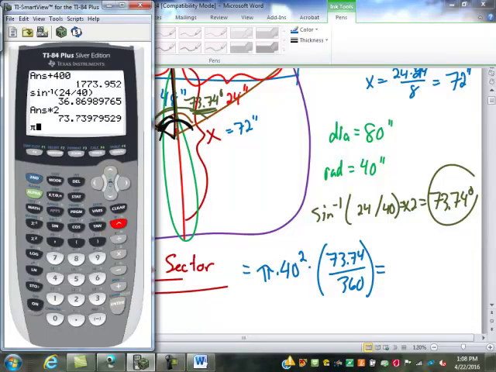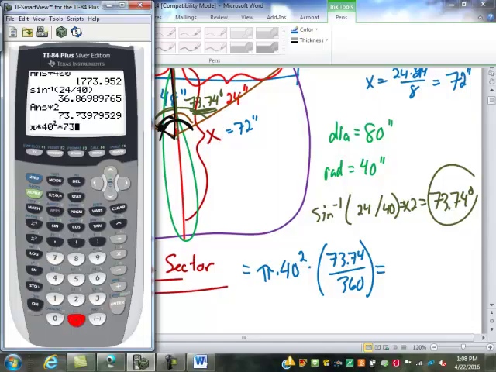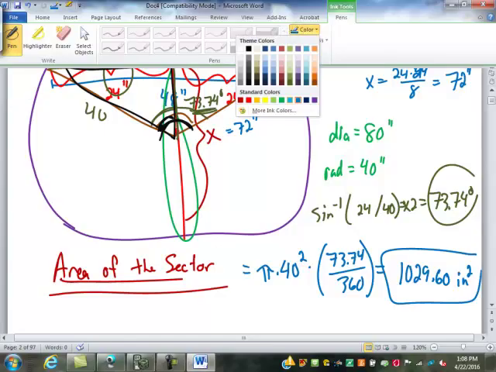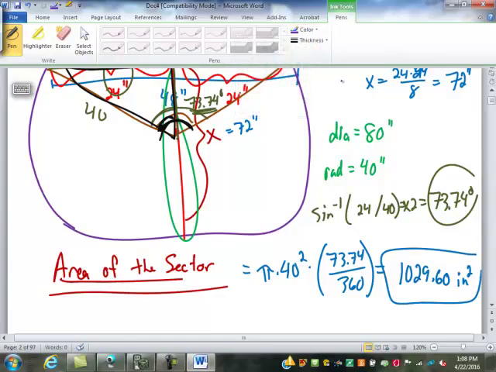So pi times 40 squared times 73.74 divided by 360. 1029.60. So the whole sector has an area of 1029.60.